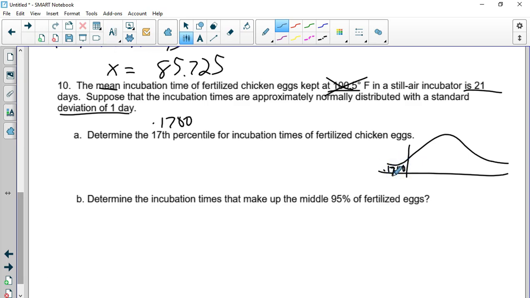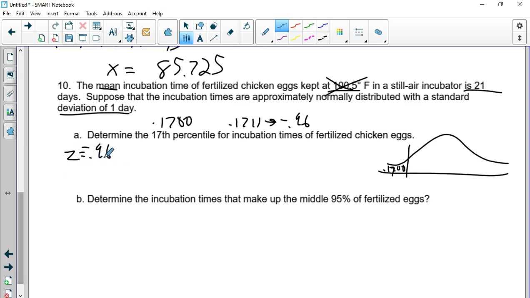So we look at our chart for 0.1700. Now we're not going to actually find 0.1700. The closest we find is 0.1711. And that is for a z-score of negative 0.96. So my z-score is negative 0.96.